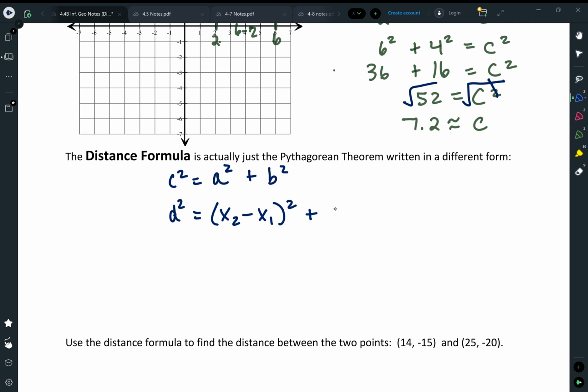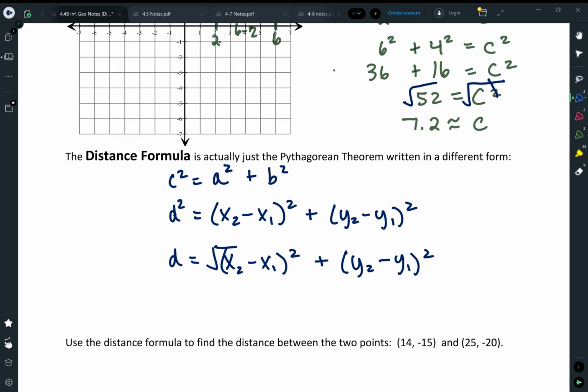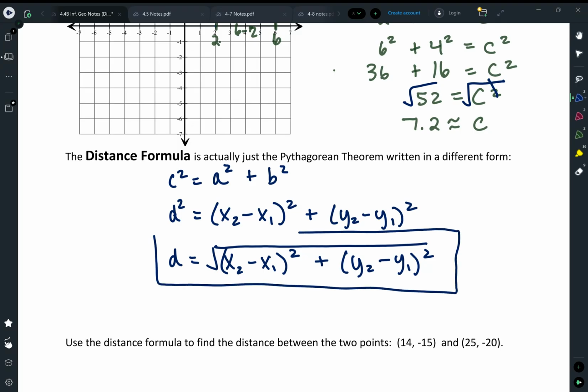My b squared is going to be subtracting those y values. And then in order to find my distance, I would have to take a square root on both sides. So my distance is going to be the square root of the quantity x2 minus x1 squared plus y2 minus y1 squared. So that is my distance formula that I'm going to use. It's a lot like the Pythagorean theorem, but a little bit trickier because we have some subtracting today.